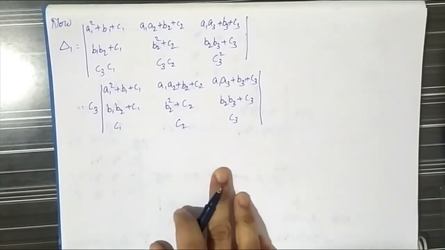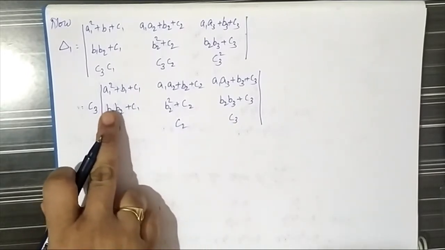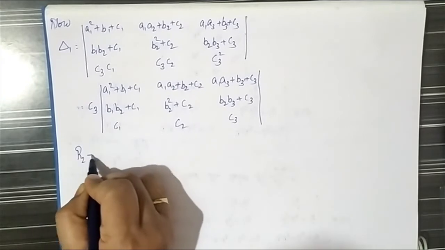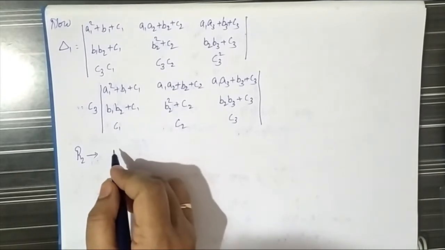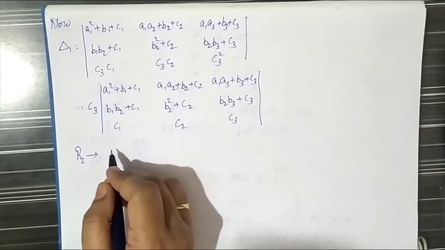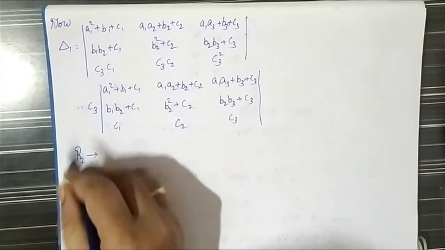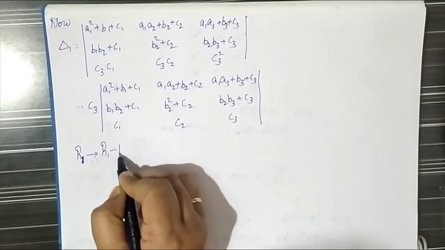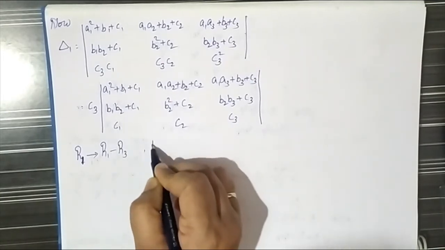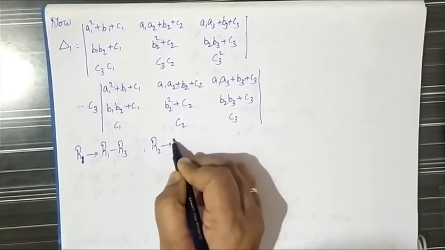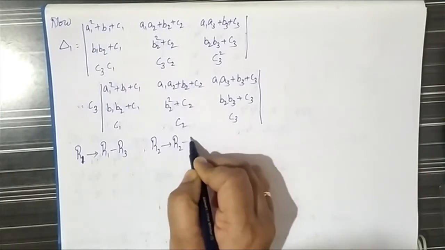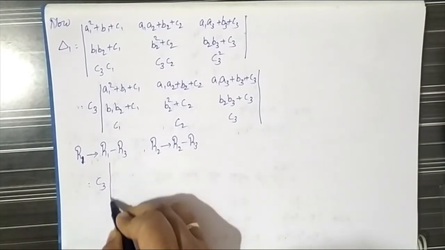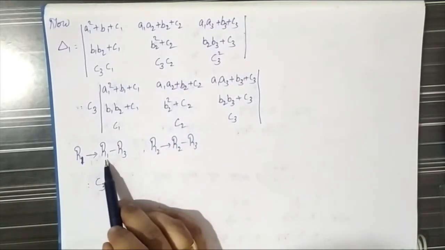This is the determinant value. One of the operations is subtracting R3: R1 becomes R1 minus R3, and R2 becomes R2 minus R3. Then that is equal to c3 into the determinant with R1 minus R3.